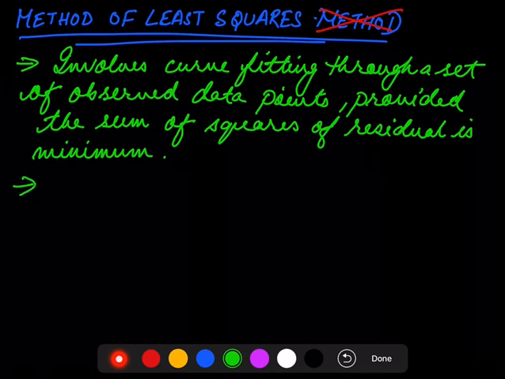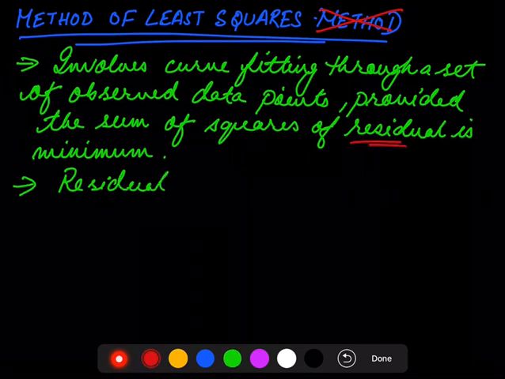Residual is equal to the difference between the observed value and the value of the fitted curve. So what is residual?